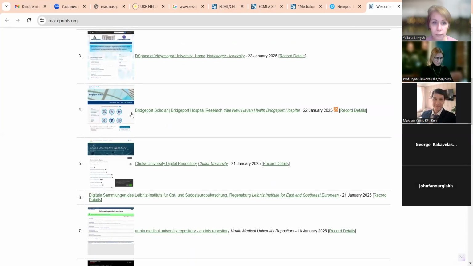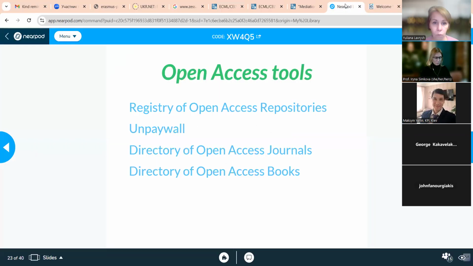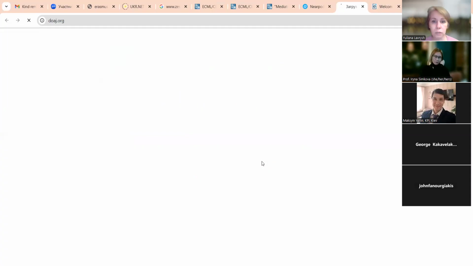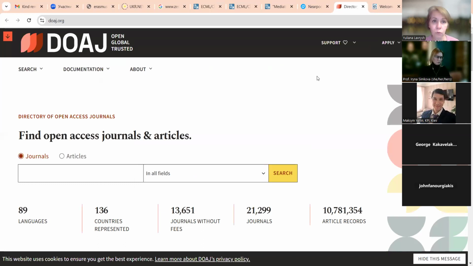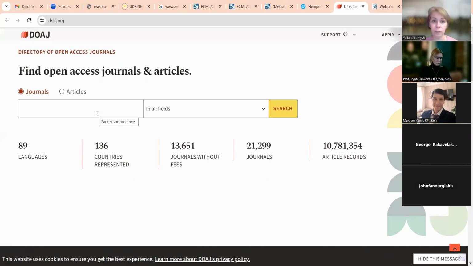So you see here are not only data sets, but this is also a repository of open access journals. If you want to find exactly a journal with open access, you just use this link, and using filters, you can find the journal which you're interested in with open access. And then if you need, you can find out if it is gold open access or diamond open access.